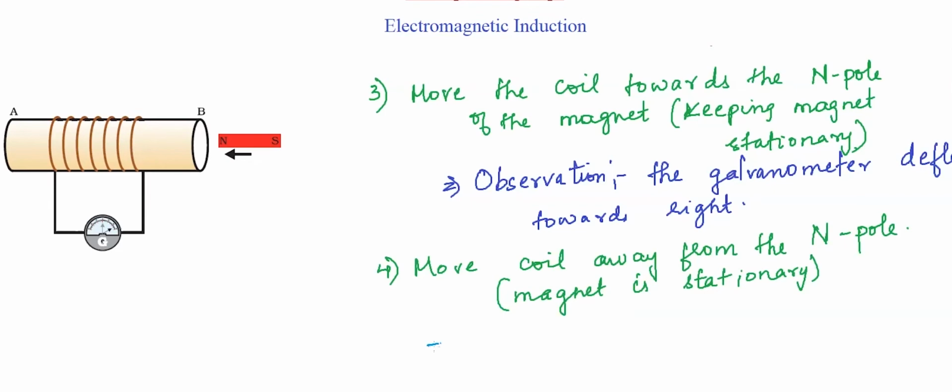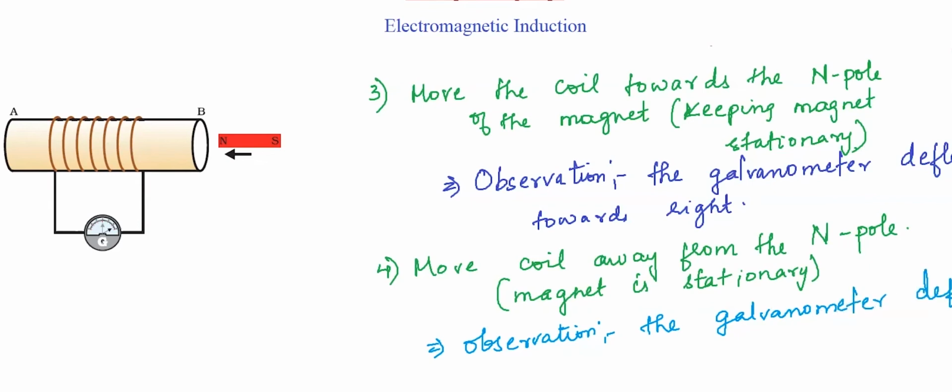This time also the galvanometer deflected, and as we can already guess, the deflection is in the opposite direction to the first one, towards the left. Both times there was current flowing, but in different directions.